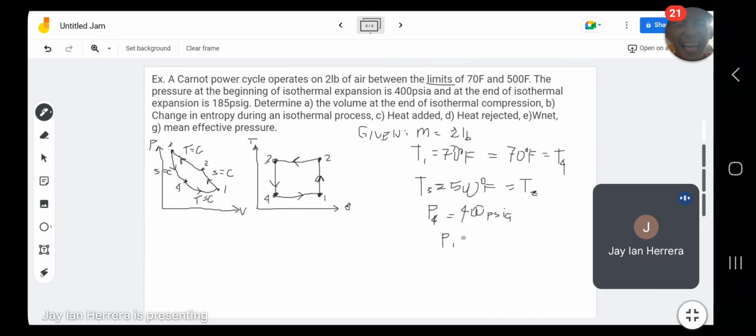So P1 is 185. Ano pa? Ito, determine natin A, the volume at the end of isothermal compression. End of isothermal compression, so dito yan, our lowest point ng volume.